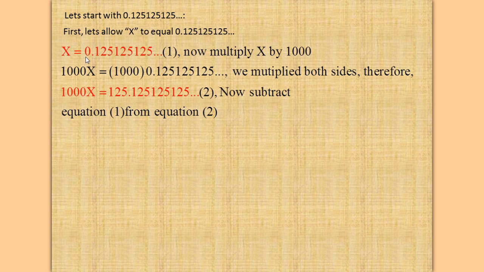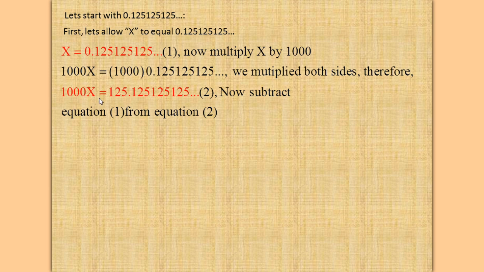And the reason why we're doing that is because we want to get to the repeating part. We see that 125 is the part that's repeating. So we have 125, then 125, then 125. So that's 3 decimal points away. So we'll multiply by 1,000.